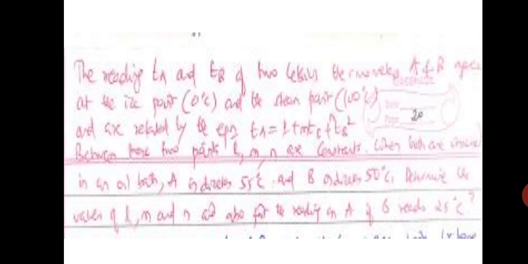The readings TA and TB of two Celsius thermometers A and B agree at the ice point, that is 0 degree centigrade, and at the steam point, that is 100 degrees centigrade, and are related by the equation TA = L + mTB + nTB² between these two points, where L, m, n are constants.